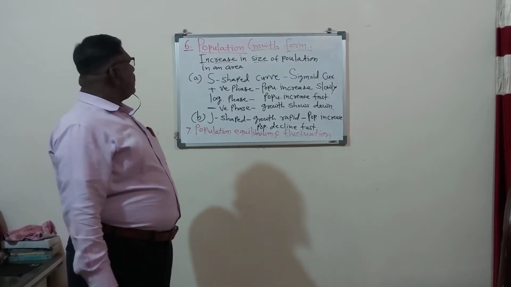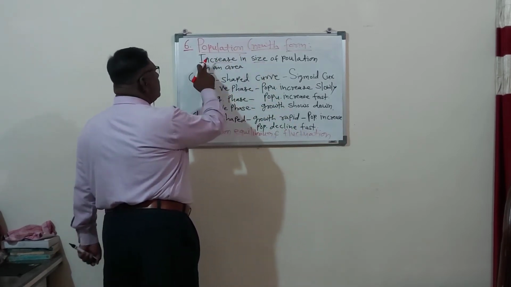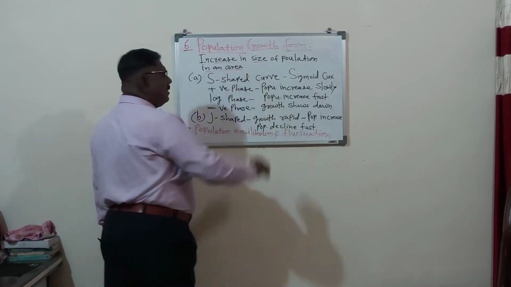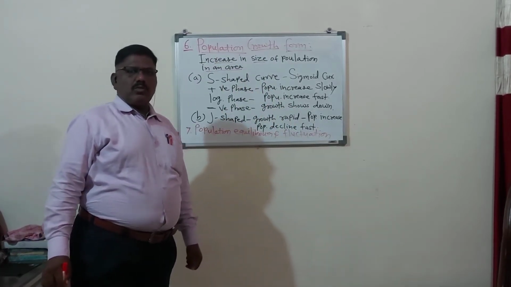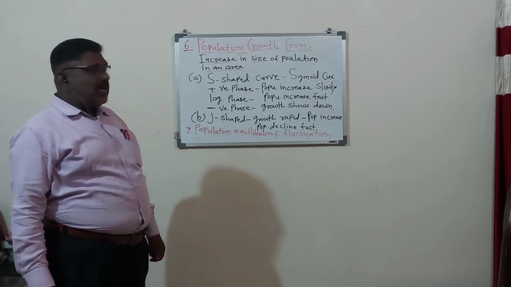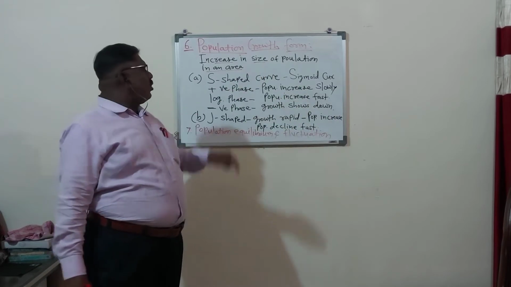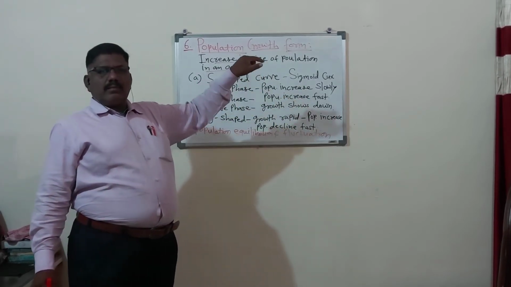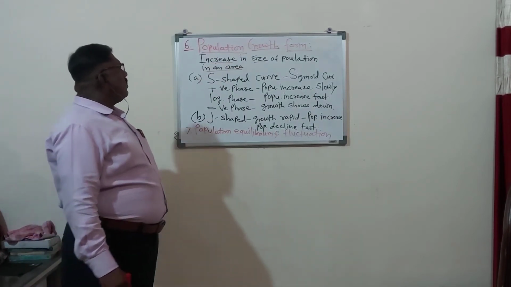In this way, we are studying the population growth form. The increase in size of a population in an area or in a habitat is called the population growth form.